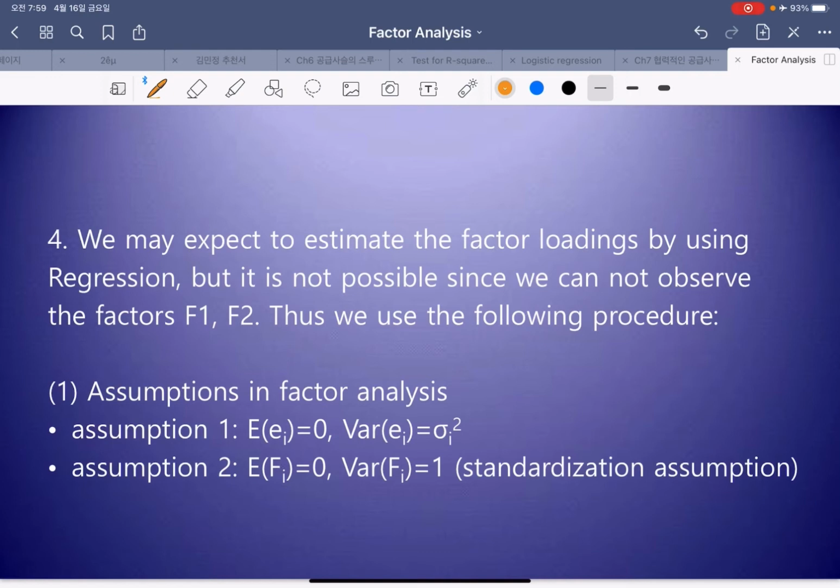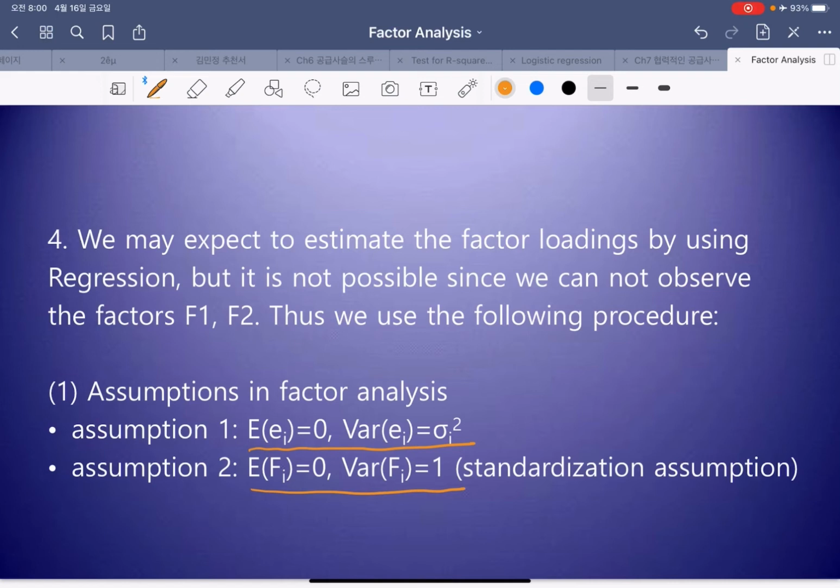So we have to use a different method for estimating the factor loadings. In order to do that, we need to make some assumptions. So assumptions for errors and assumptions for the factors, right?